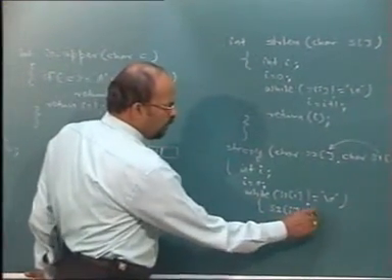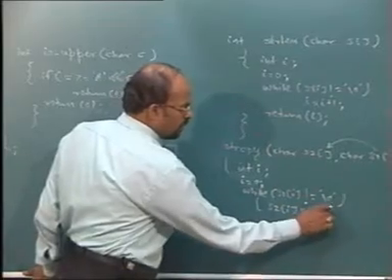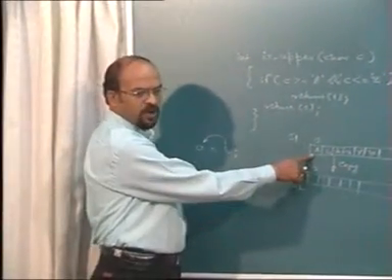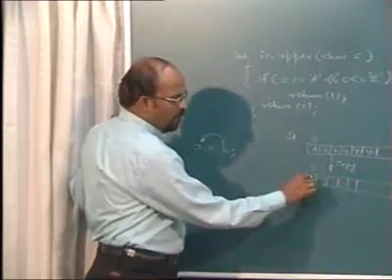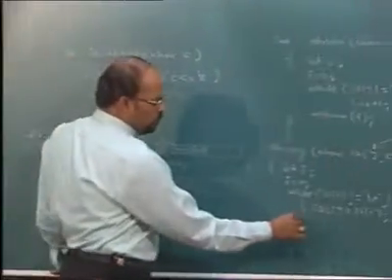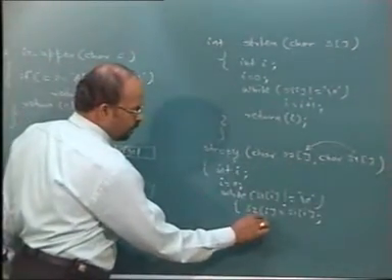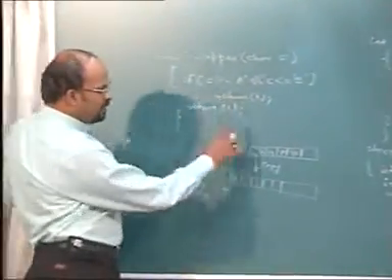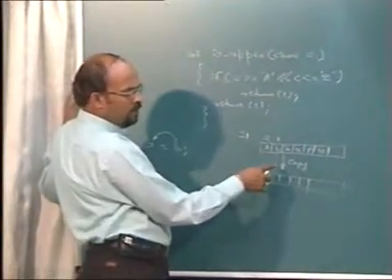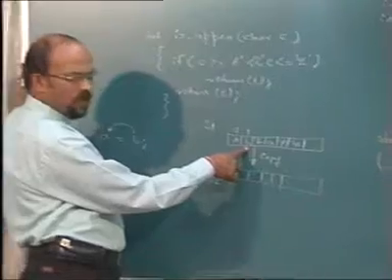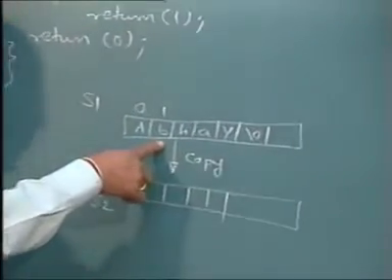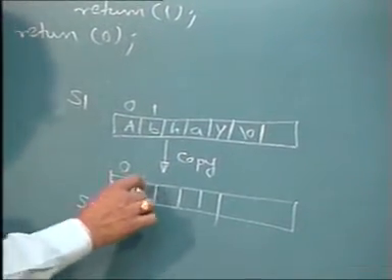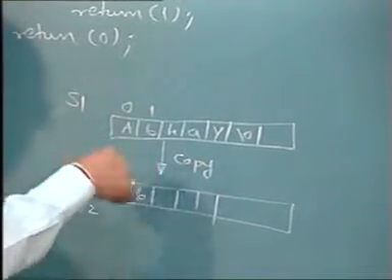So I don't require two indexes. s2 of I will pick up the character at s1 of I. So a will be copied, and then we go to the next character. And so I gets incremented, I becomes 1. s1 of 1 is not equal to \0, will be copied to s2's 1. s2 of 1 equal to s1 of 1. This character will be copied, and we will continue.